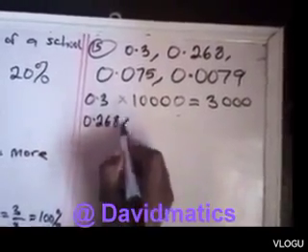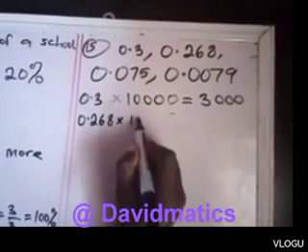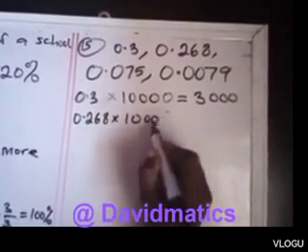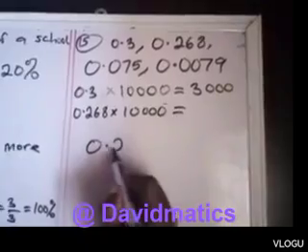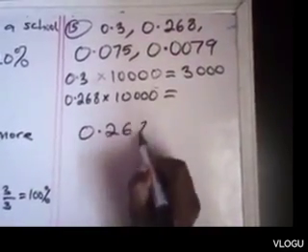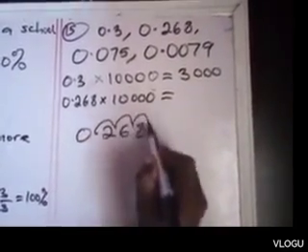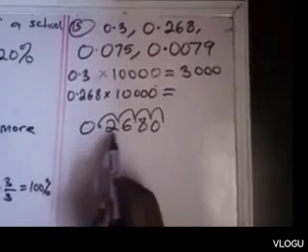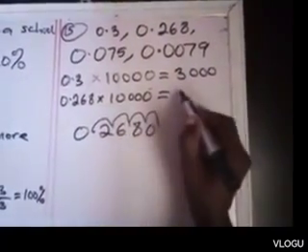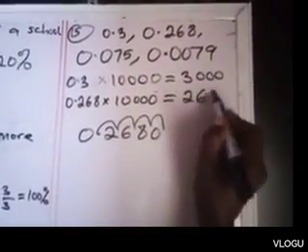Then the next that I'm going to solve is 0.268 multiplied by 10,000 as well. I'm moving four times because there are four zeros here. So the decimal point has moved and this one has become 2,680.